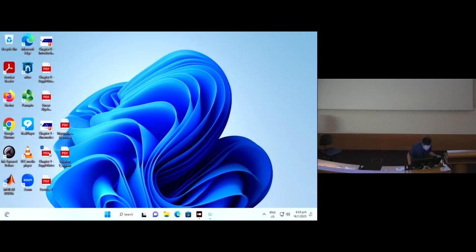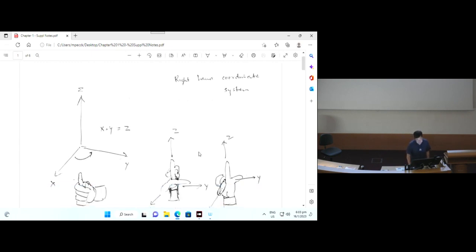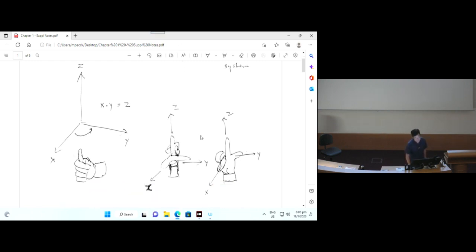And then the other thing that you need to be clear of is the right-hand coordinate system. The right-hand coordinate system means that if I have this x, and this is y, I'll be able to find the z position. So you use your right hand, and you'll be able to tell the directions.